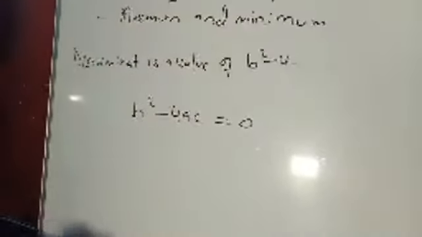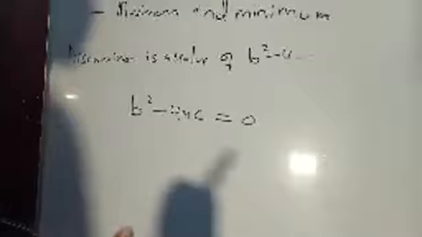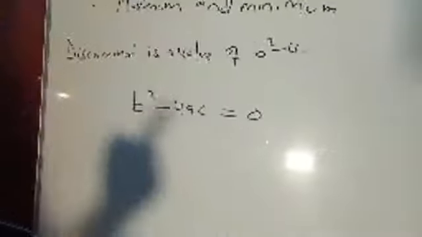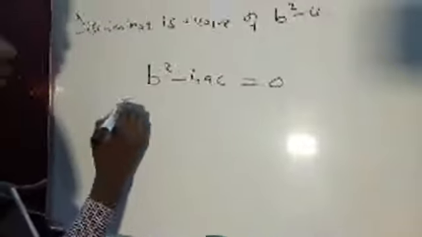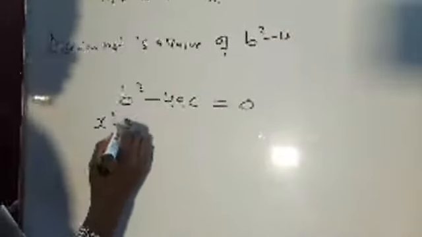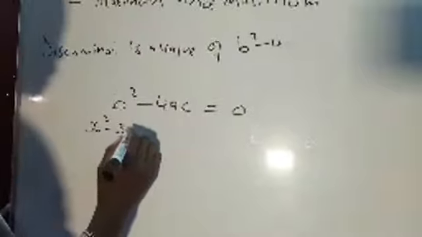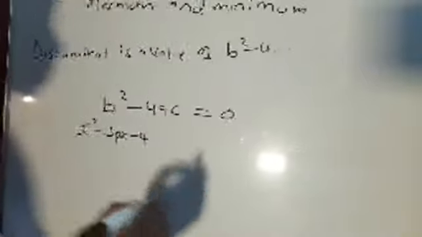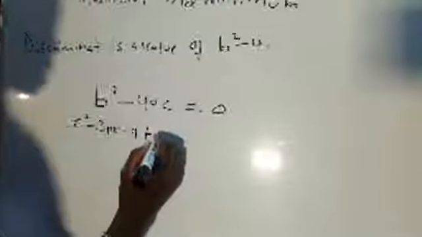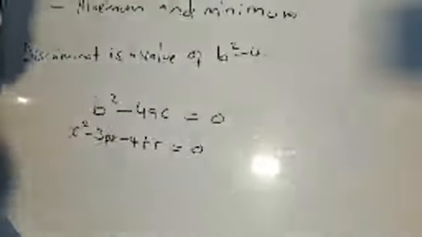So let's try to substitute in the values of p and q in the equation, becoming x squared minus 3x minus 4 plus r equal to 0.